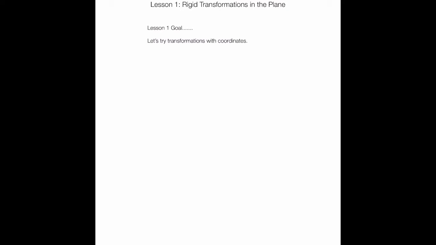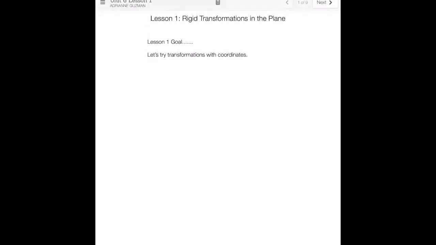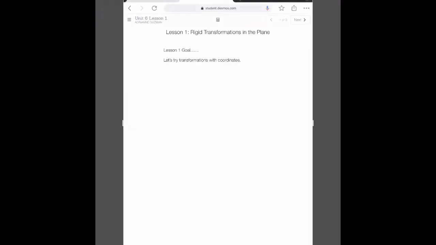Now, let me remind you that a plane, or therefore a coordinate plane, we could think about as a graph. So we have our x and we have a y graph here, and this is what a coordinate plane looks like. So if they're talking about transforming on this plane, this might be something that we already know.